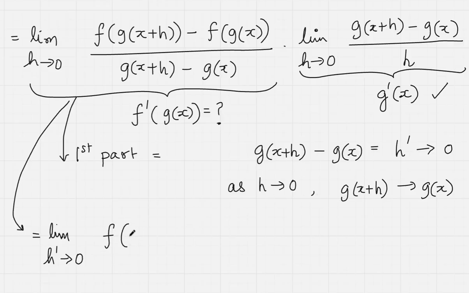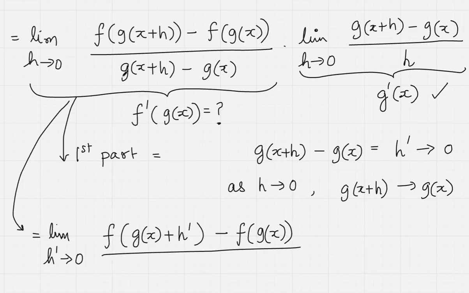So f of g of x plus h dash minus f of g of x, divided by this denominator here, g of x plus h minus g of x, which has already been assumed to be equal to h dash. So this is equal to h dash.